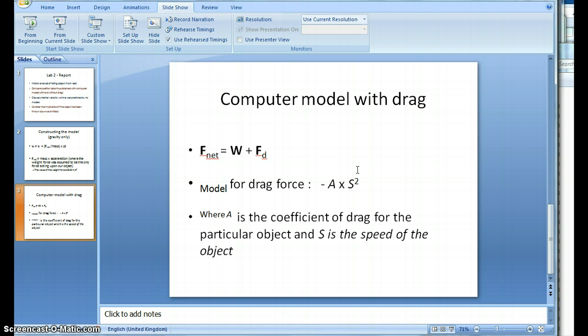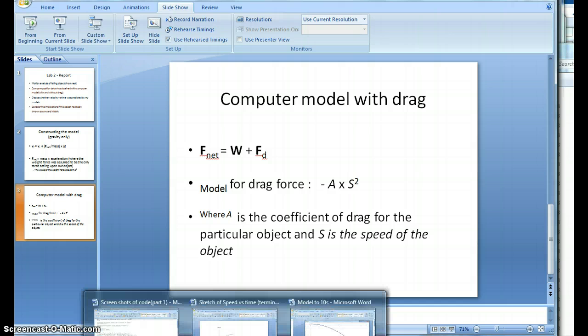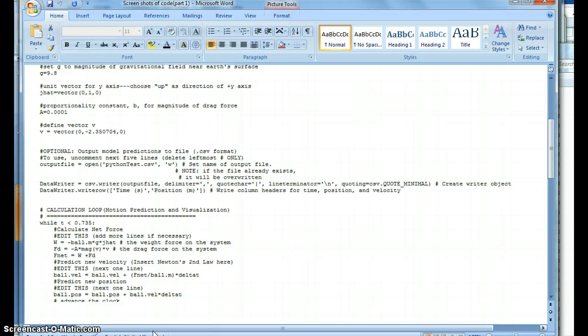To find A, I followed the suggested procedure of comparing the predicted final position calculated by VPython with the observed final position from Tracker, and I found that a value of A equals 0.0001 made for a close match of values.